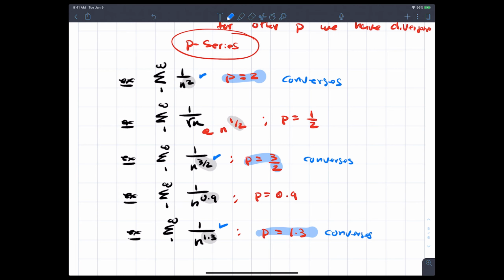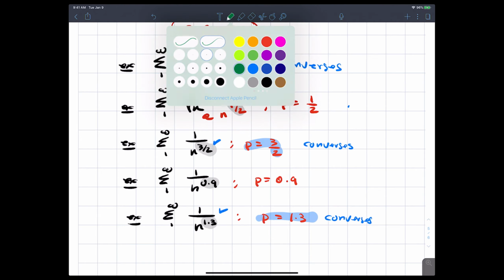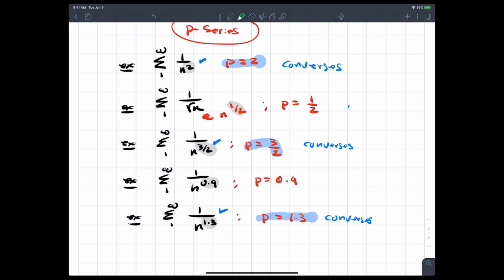Now, like I said, it diverges for all other values. So this particular series, and let's change that color maybe. Let's find green or something, right? Since these two values are not bigger than 1, they're in fact smaller than 1, then we know we have divergence.